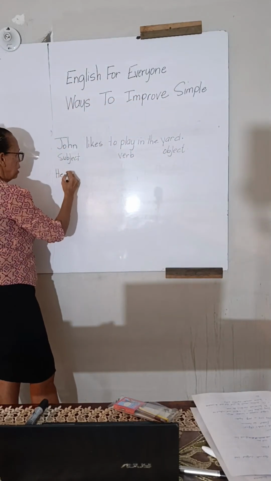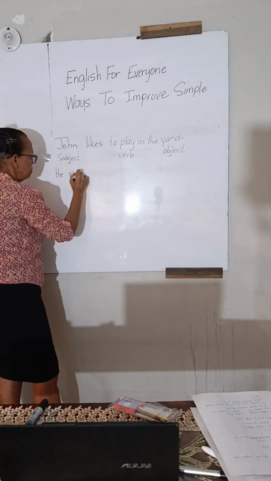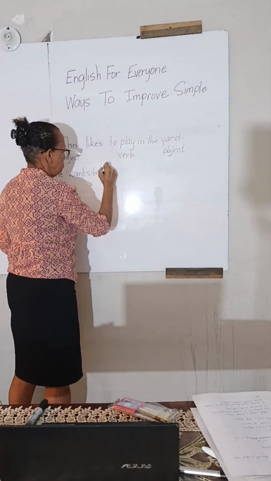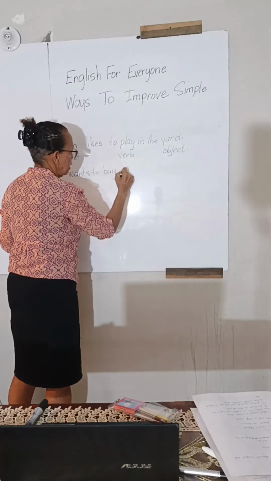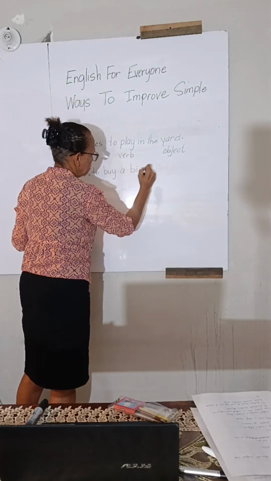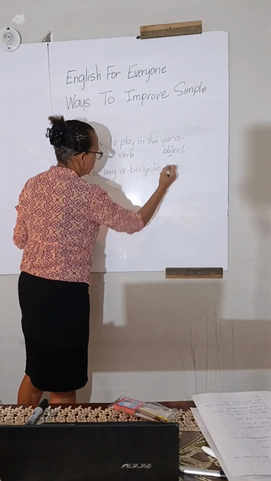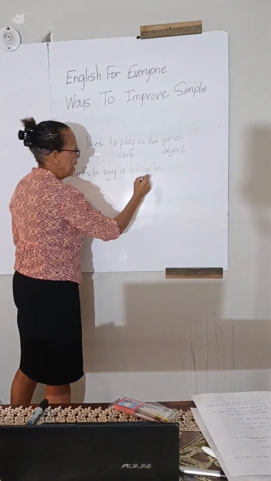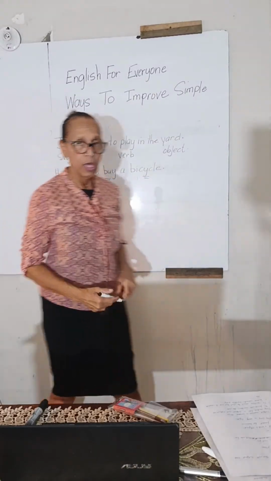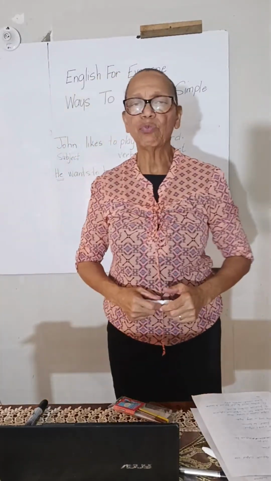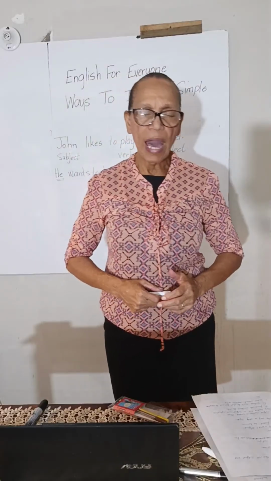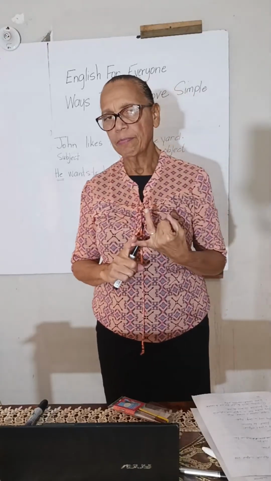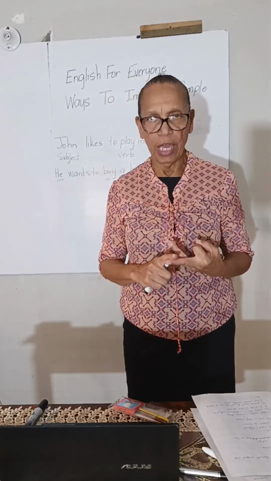He wants to buy a bicycle. He, subject, buy, verb, and bicycle, object. Most of the sentences that we write, or we see in books, follow that pattern. Subject, verb, and object.